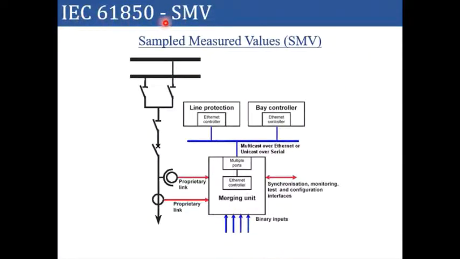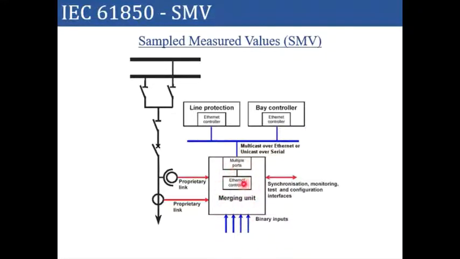Now the sampled measurement values. So in sampled measurement values, the information which we collect from the feeder is the current and voltage values. So we have the current transformer and potential transformer where we are getting the analog values, and then in the merging unit this information is digitized and then it is shared with the process bus.